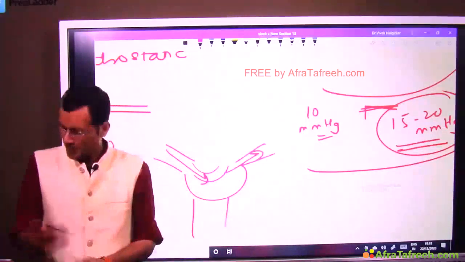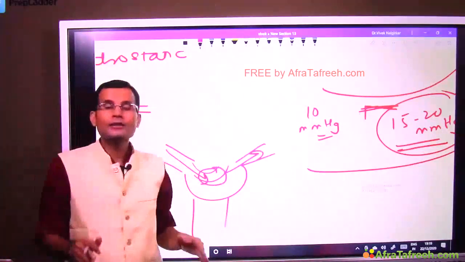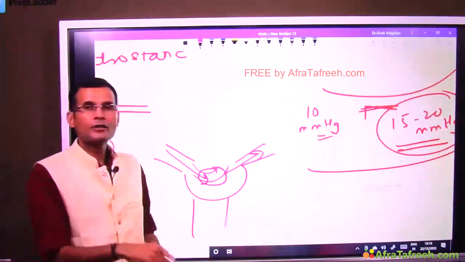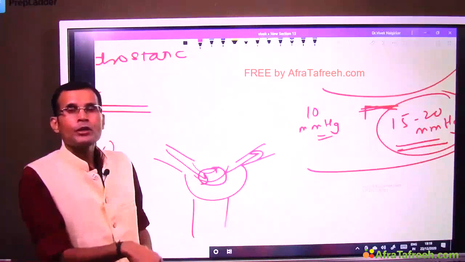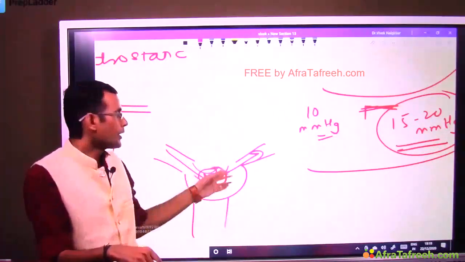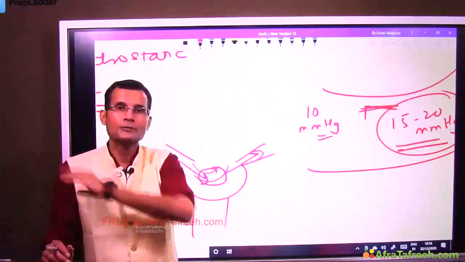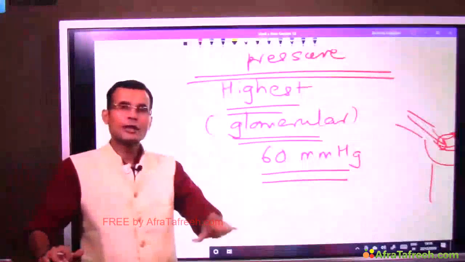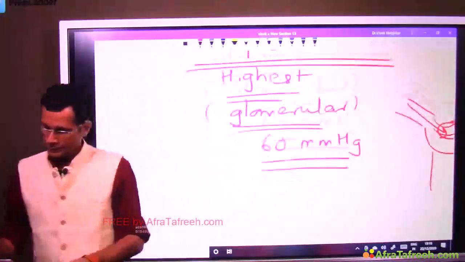Which means the blood accumulates in the glomerular capillaries. And you remember we have discussed the Starling's equilibrium when I told you that greater the amount of fluid accumulated, greater is the hydrostatic pressure. So therefore, the hydrostatic pressure is highest in the body in the glomerular capillaries.